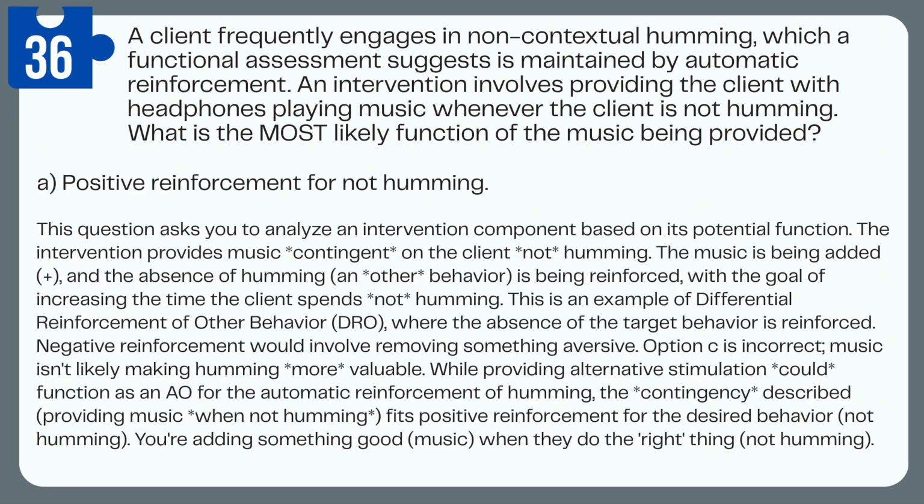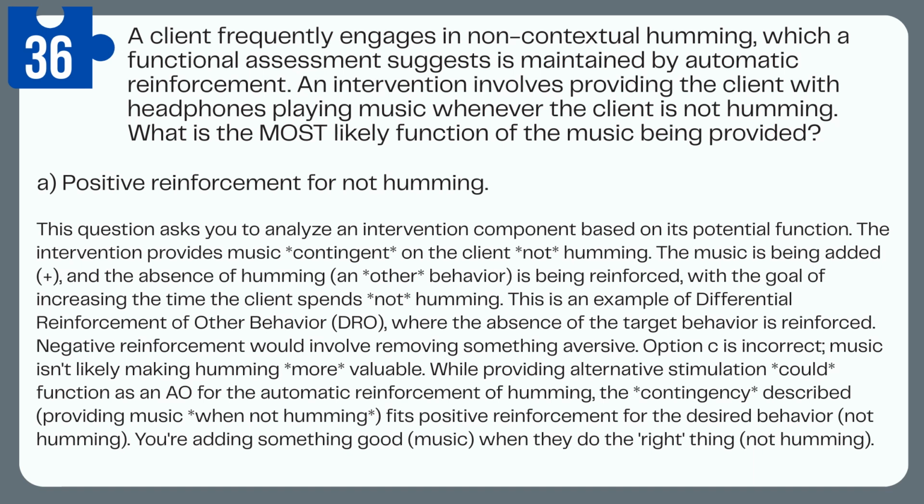Answer: A. Positive reinforcement for not humming. This question asks you to analyze an intervention component based on its potential function. The intervention provides music contingent on the client not humming. The music is being added, plus, and the absence of humming and other behavior is being reinforced, with the goal of increasing the time the client spends not humming. This is an example of differential reinforcement of other behavior, DRO, where the absence of the target behavior is reinforced.